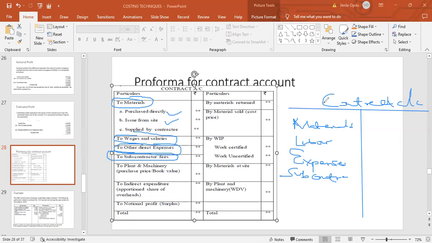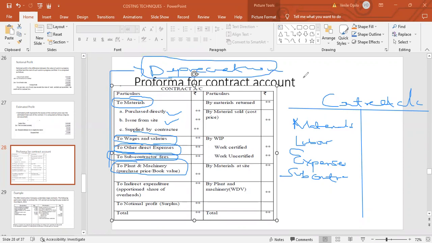If the organization purchased non-current assets, plant and machinery, specifically for this particular contract, then it means that you have to include part of that cost. So include part of the cost of this plant and machinery. And how do we include it? We include it by computing the depreciation associated with that particular contract.